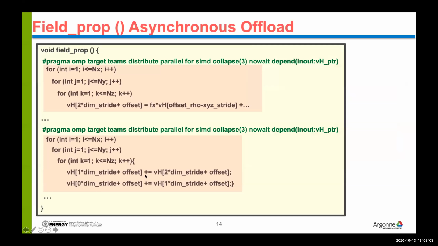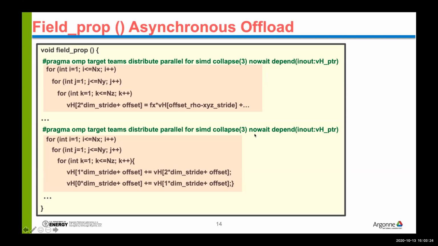This is the updated code with asynchronous update. Here, the idea is that to reduce the kernel launch overhead, we leverage target nowait. In this way, there is no need for GPU synchronization at the end of each offload region. The purpose of asynchronous update is to launch as many kernels as possible.